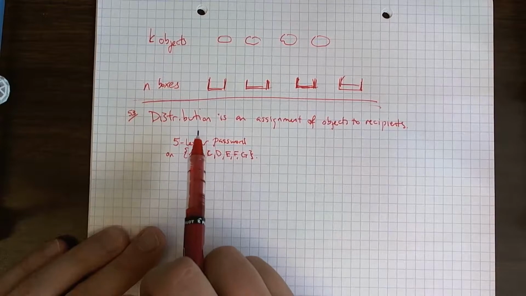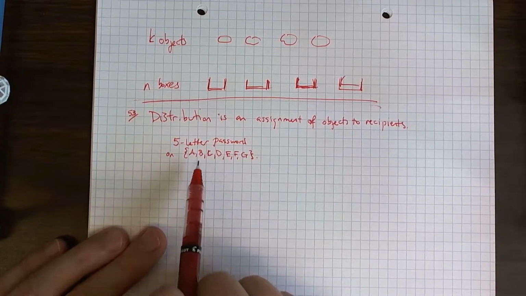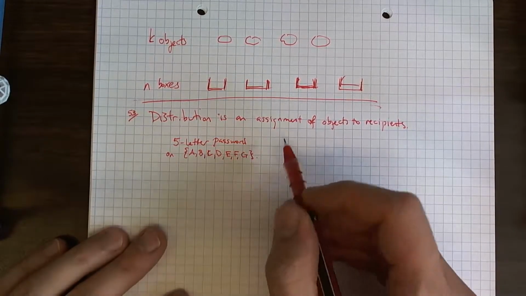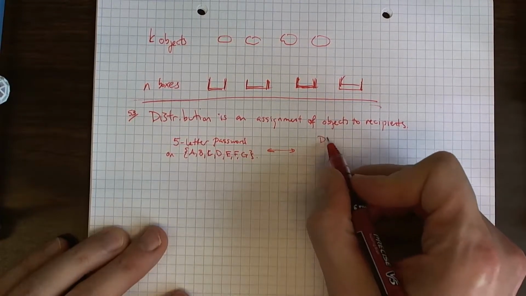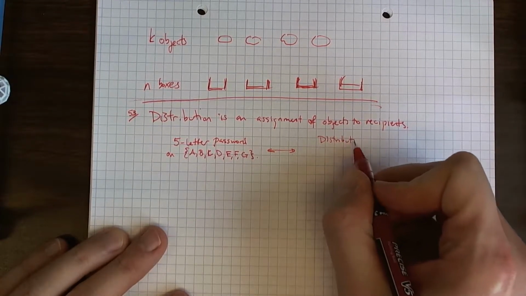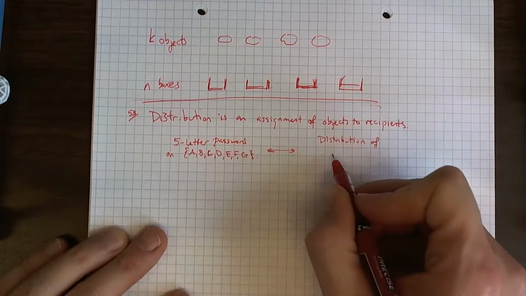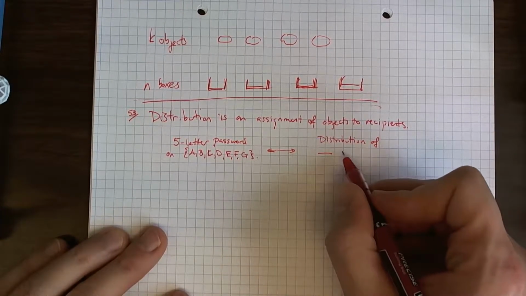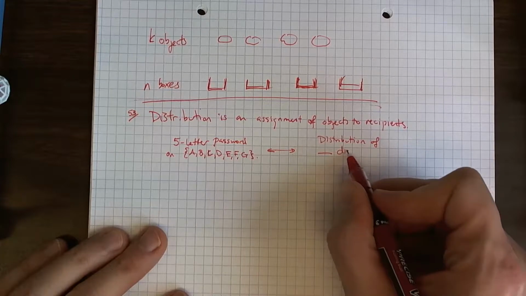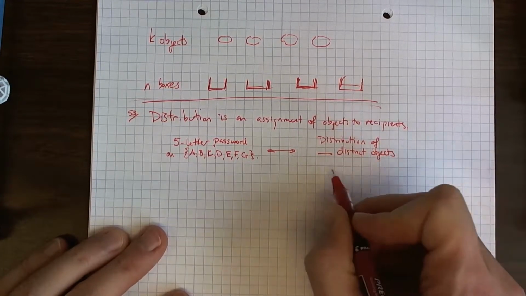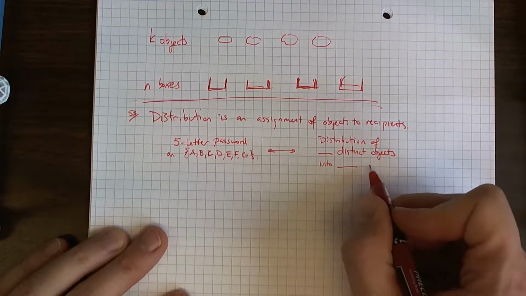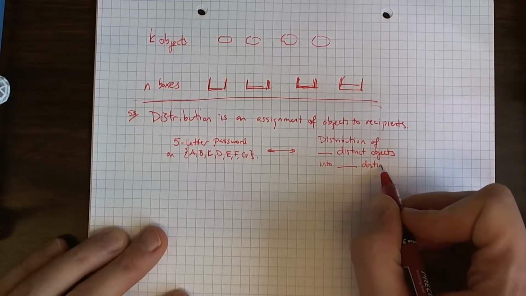We have 5-letter passwords on A, B, C, D, E, F, and G, and I'm going to say that that corresponds to a distribution of some number of distinct objects into some number of distinct boxes.